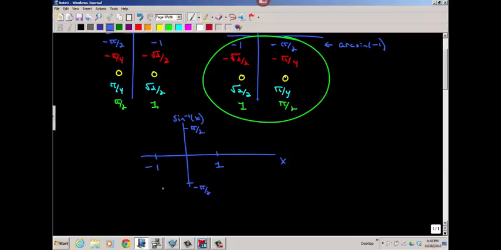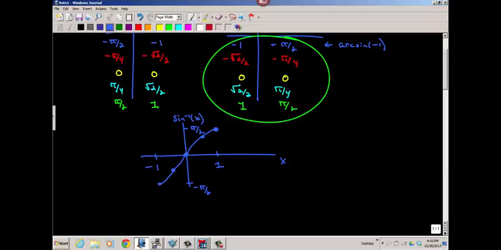At -1, I'm at -pi/2. At -√2/2, which is roughly -0.7, I'm down here at -pi/4, so it's right about here. So this is going to come up like this, and then it's going to come back like this if I plot those other values in there.